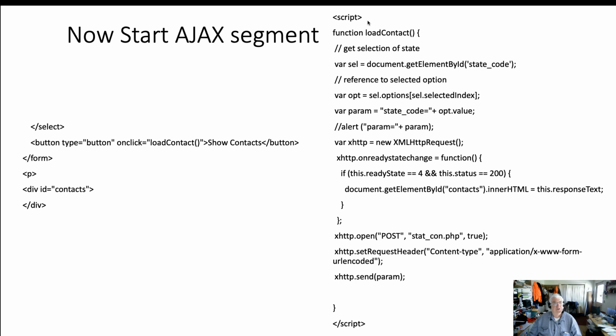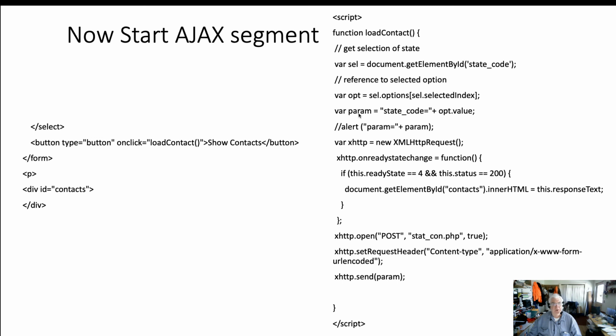And now we get to the script, load contact, that we'd called over here. I could have probably gotten all this in one statement, but I wanted to make it more obvious what I was doing. So I used the DOM to get an element by the ID state code, and got that class, instantiated that class, and then used that class to find its option. I found that option by using that class's selected index, and that was the option.